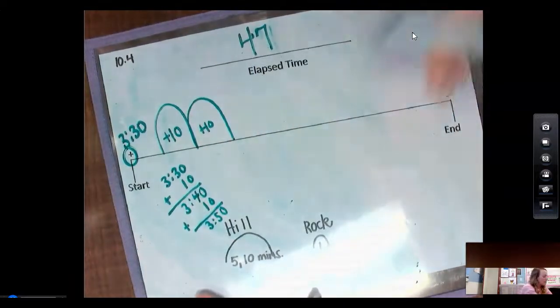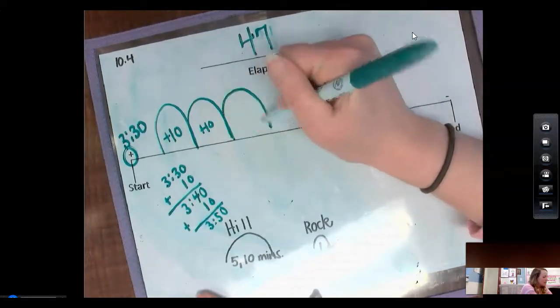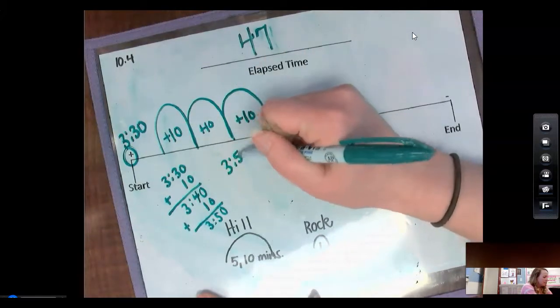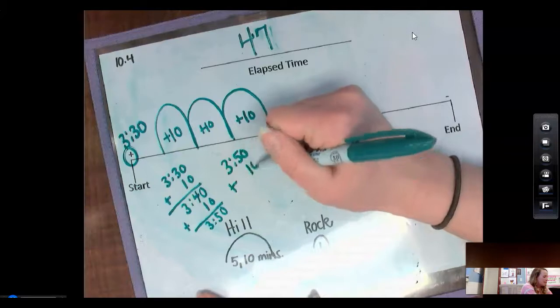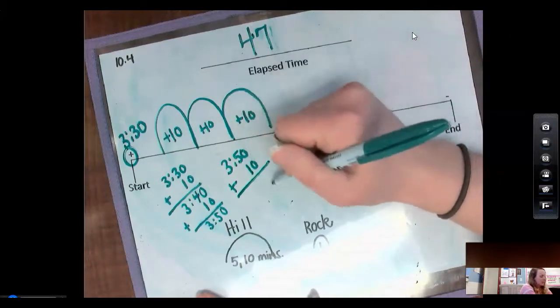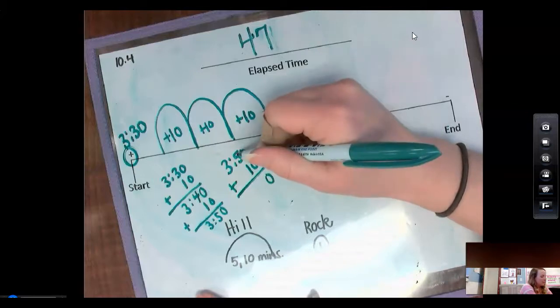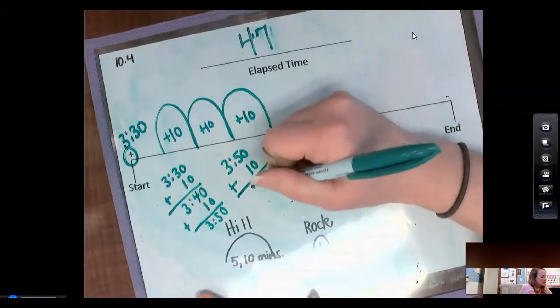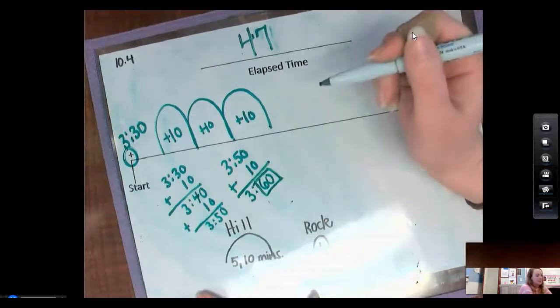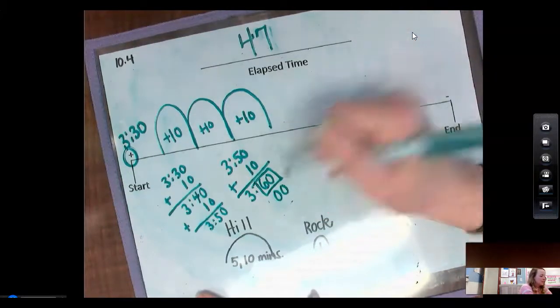All right. 10, 20. You need to go 47. Can we do another 10? Yeah. So let's do a plus 10. 3:50 plus 10. 0 plus 0 is 0. 5 plus 1 is 6. Drop your 3. Well, what happens when we get to 60? 60 becomes double zeros.